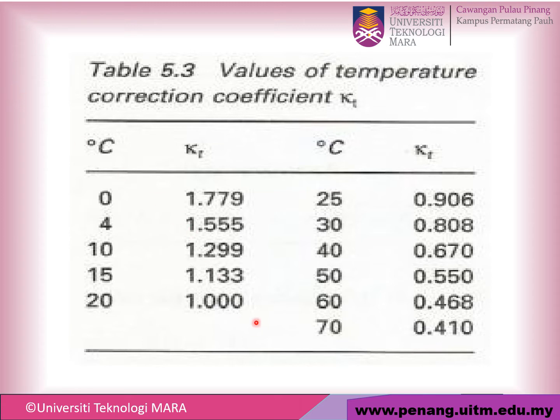So that means the value of K is smaller when the temperature increases, right? If the temperature is reduced, the K value is larger. Look at this for 0 degrees Celsius.